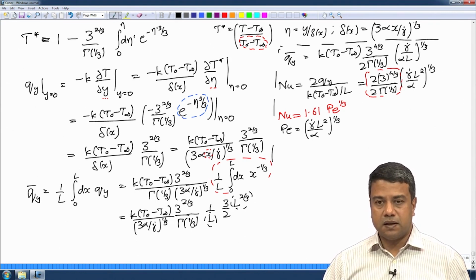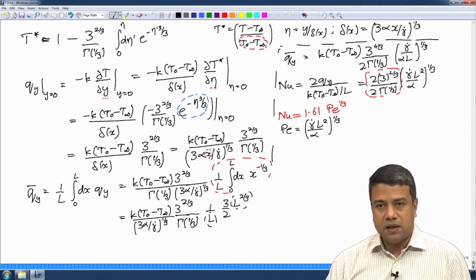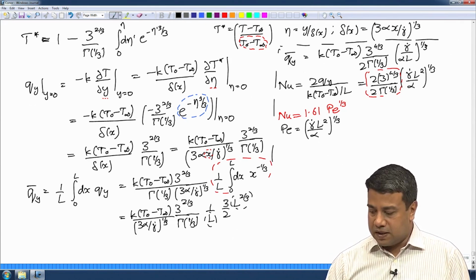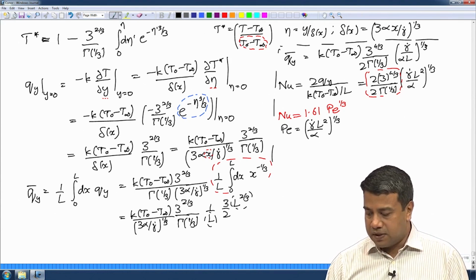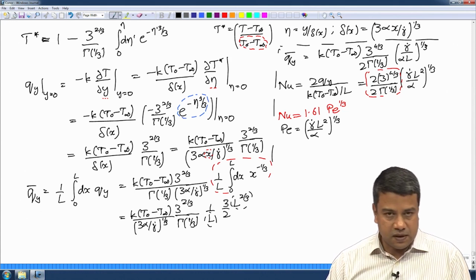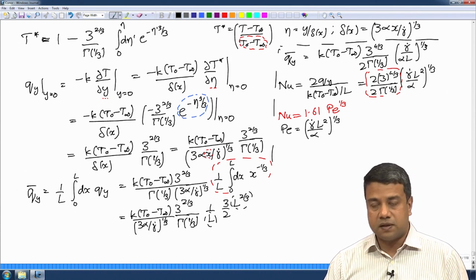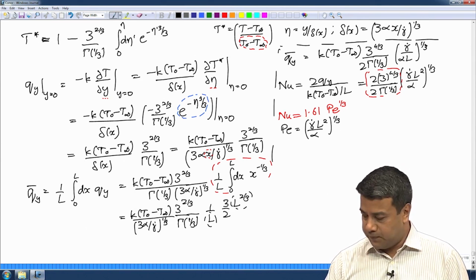Therefore, the heat flux decreased as x to the minus 1/3 power, and if you take the average over some length L, it increases as (gamma dot L square by alpha) to the 1/3 power, where the Peclet number is now in terms of the strain rate at the surface, gamma dot. It is not in terms of the mean velocity.